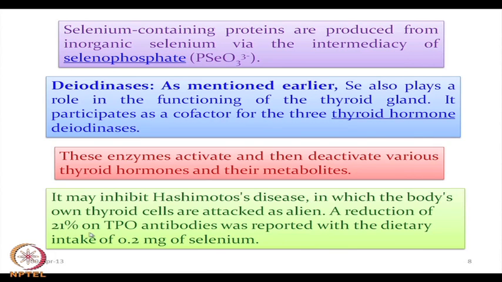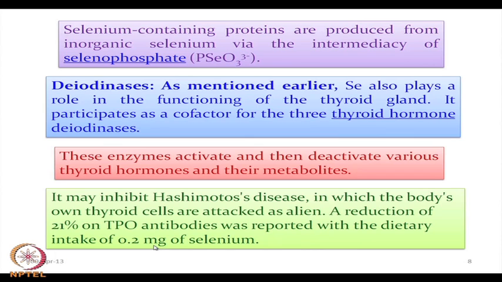So, a reduction of 21% of TPO antibodies, which are the antibodies of the corresponding peroxidase, is reported, and that condition is not a good condition, it is a diseased condition. We should have some dietary intake, through food or in some other conditions as salt also, of at least 0.2 milligram of selenium in our system.